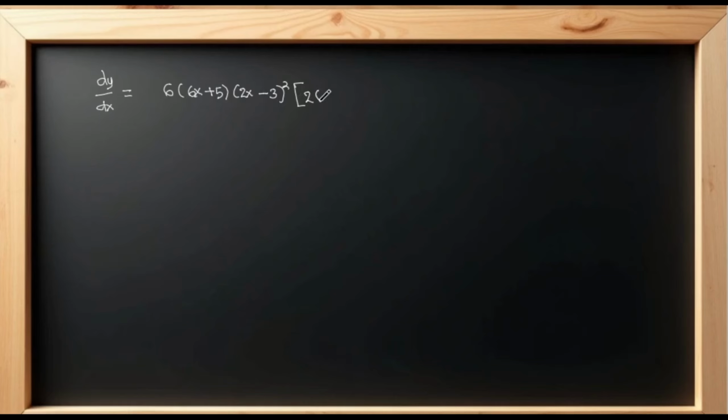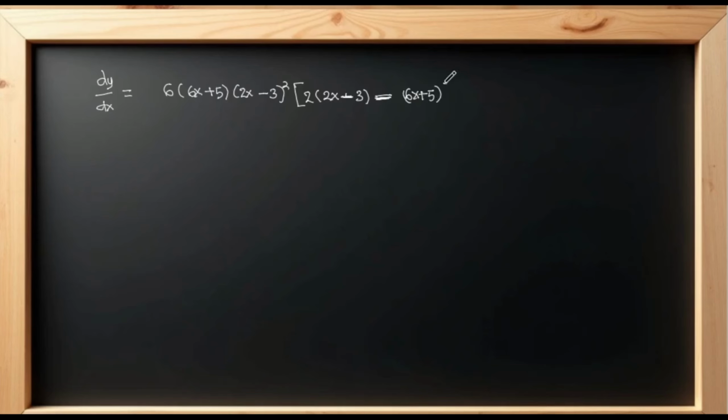And then the next term will be 2x minus 3. Then the next one, of course in the middle there we have a subtraction sign, so the next one is going to be 6x plus 5.